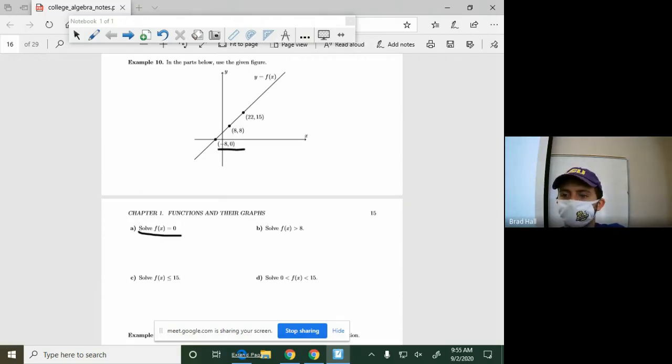Seems like it's equal to 0 right there. And when we solve a function, we're trying to figure out the x value. So the x value for this point seems to be -8. And that's how this one starts off. That completes part A.